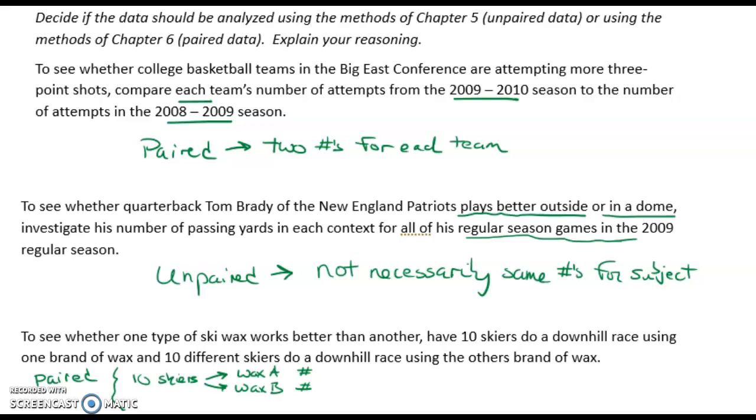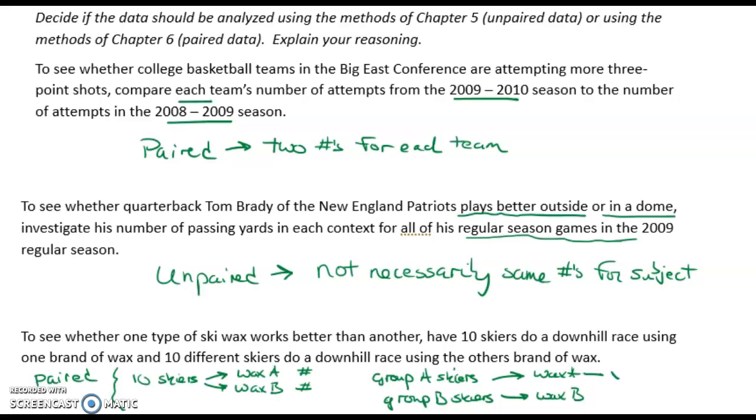But what we've got is group A skiers, and we also have group B skiers. Group A is going to be using a certain wax, I'll just say wax A, and group B is going to be using the other wax.